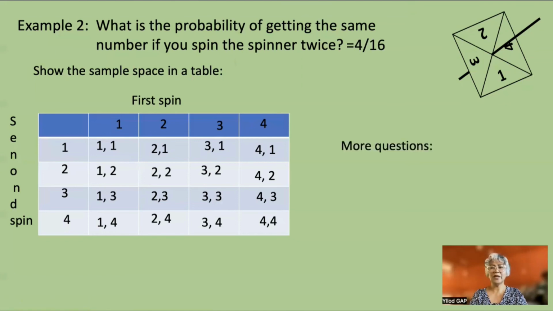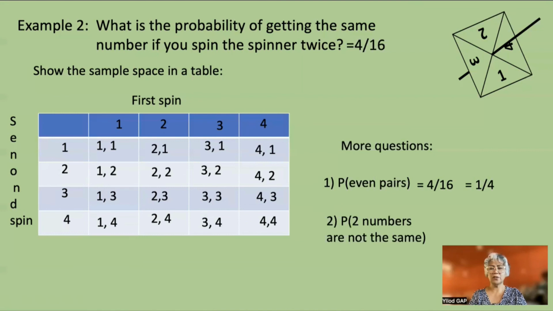All right, now let's have more questions. You have the probability of even pairs. So we'll look at the sample space again and look at the pairs that are even. So 1, 2, 3, and 4. So you have 4 over 16 equal to 1 over 4. Okay.